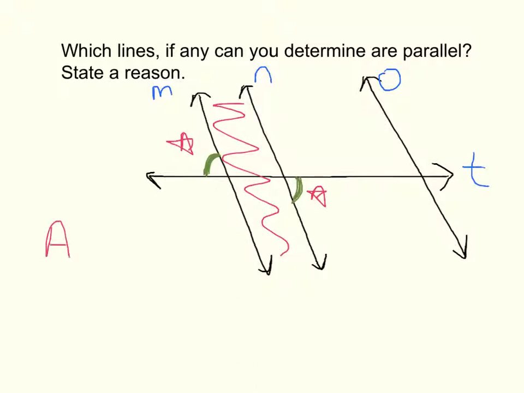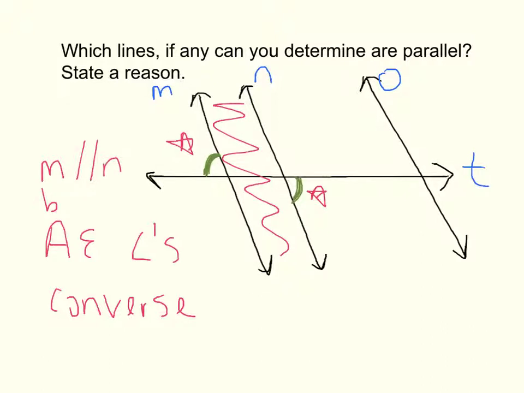So these are my alternate exterior angles. Since my angles are congruent, I can say that those lines are parallel. I'm given angles. This is the alternate exterior angles converse. And so now I can say that M is parallel to N by the alternate exterior angles converse.